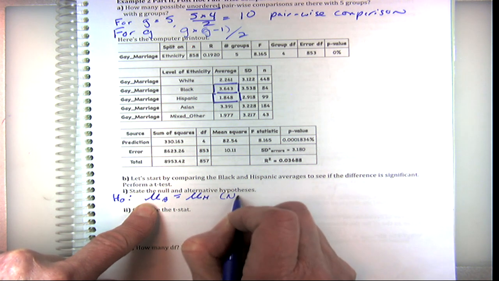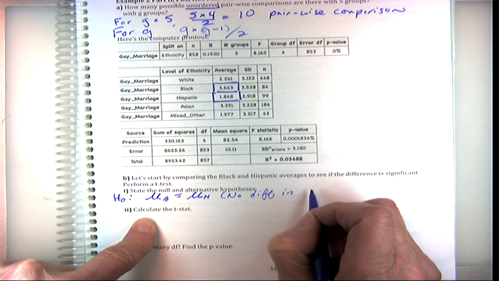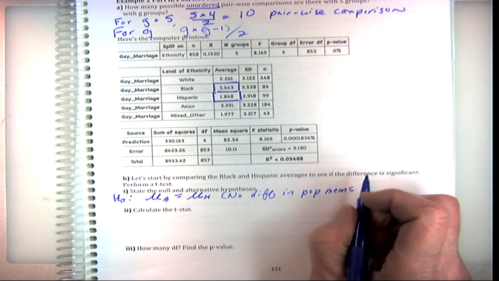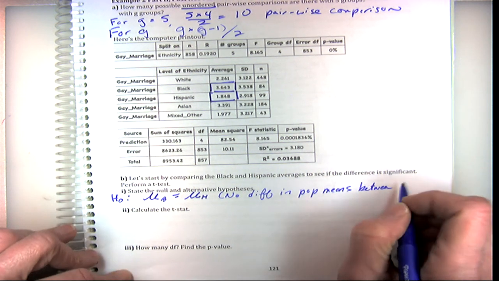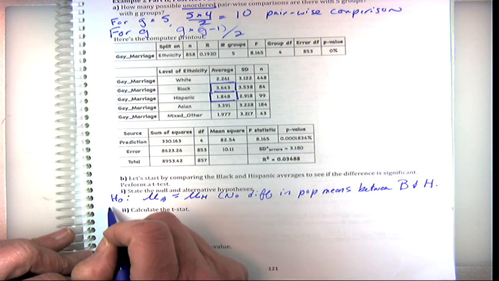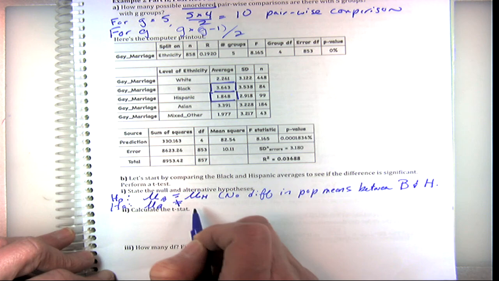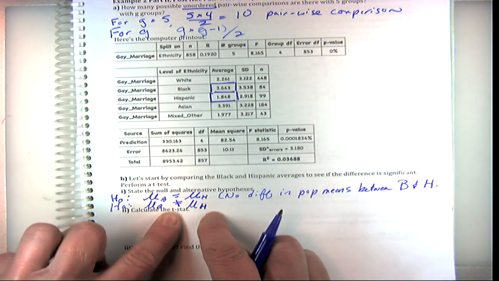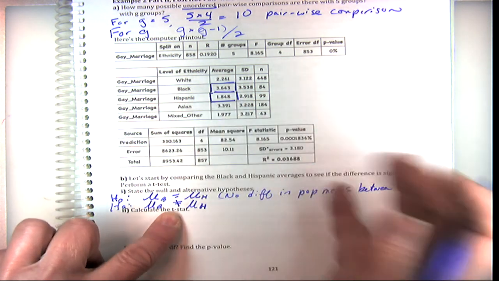There's no difference in population means, in this idealized larger population, between blacks and Hispanics. And the alternative is that they are different, but we don't specify a direction because we're looking at unordered pairs. We're just looking at differences. So there is some difference, and that's why we saw such a big difference in our sample.